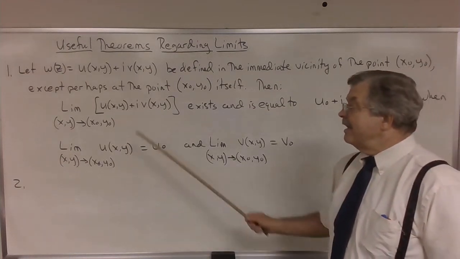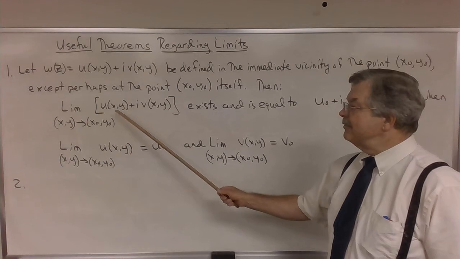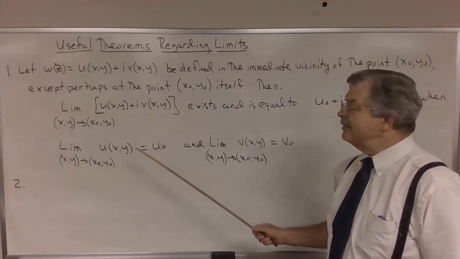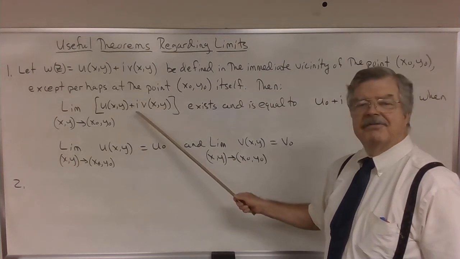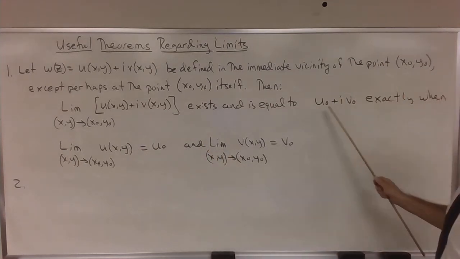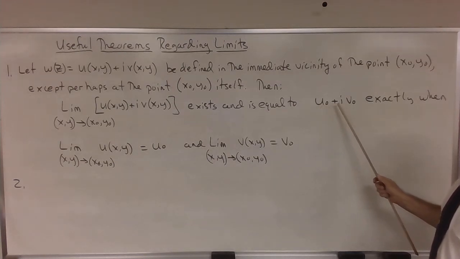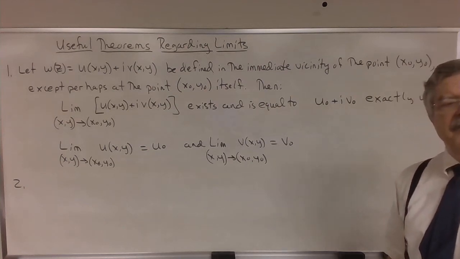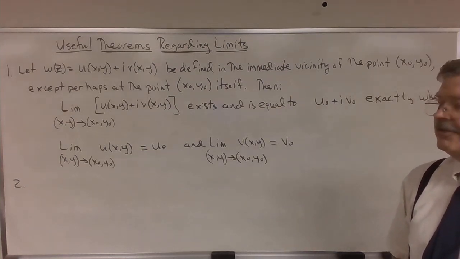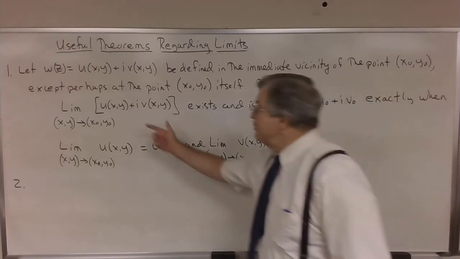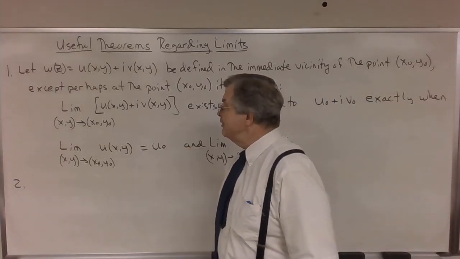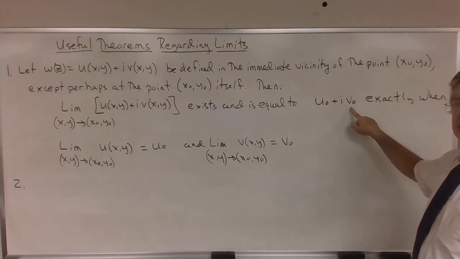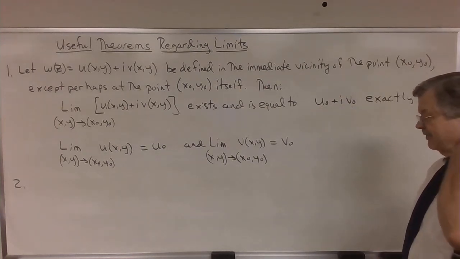And if we can compute this limit by computing the limits of the real parts and the imaginary parts separately, then the limit of this function exists. And it's the sum of the limit of the real part plus i times the limit of the imaginary part. So essentially, if the limit exists, and only if the limit exists, we can compute the limit of a complex valued function by computing the limit of the real part and computing the limit of the imaginary part.